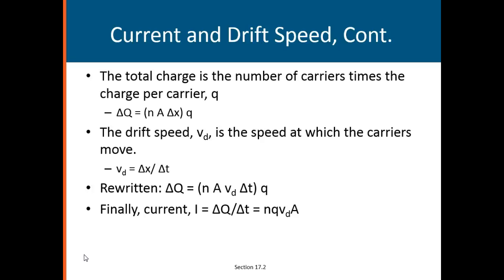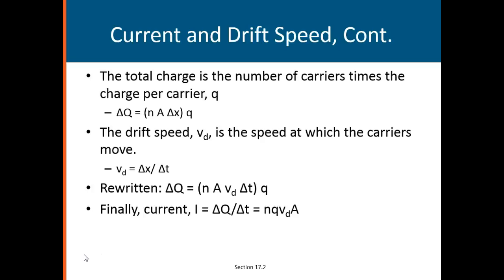So what we have is delta Q equal to N A times delta X, and delta X is V sub D delta T, times q.